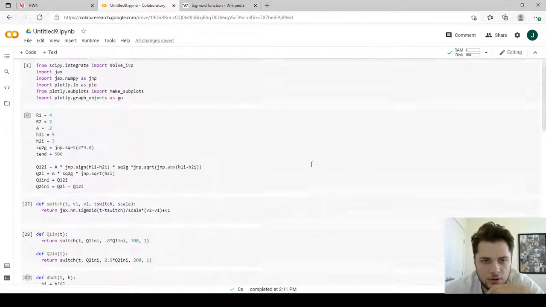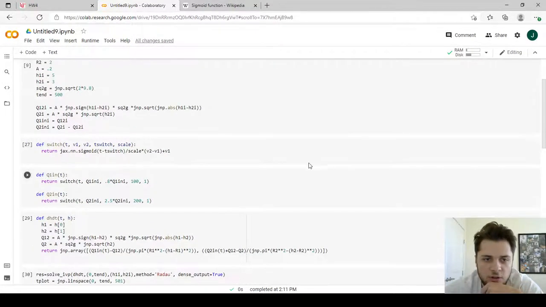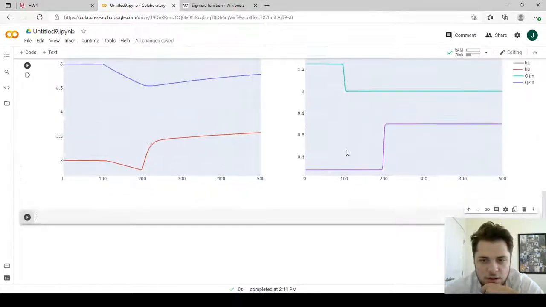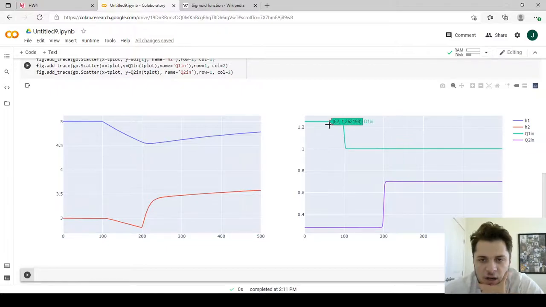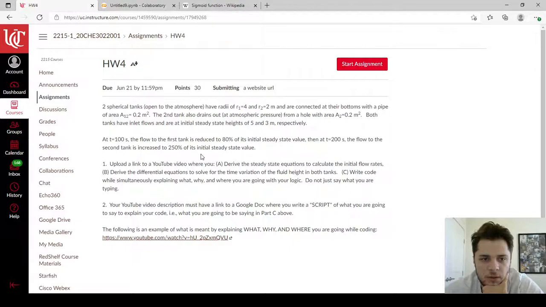And we used our knowledge of manipulating functions with transformations to do that. So you can see how the inlet flow for 1 decreases by 80% here at 100 seconds, and the inlet flow for 2 is going to increase by 250% here at 200 seconds. And that answers our questions that we are wondering.